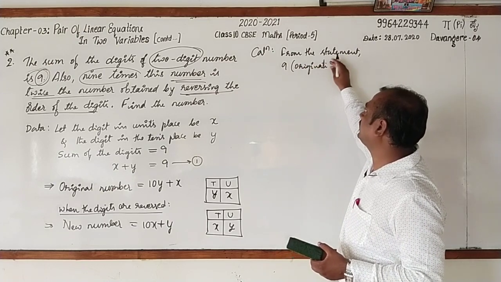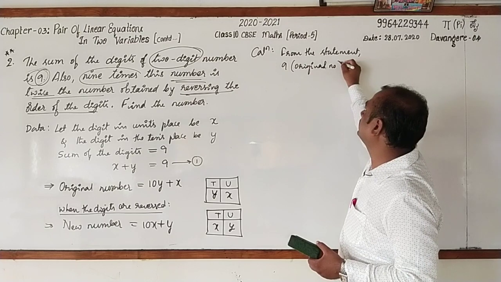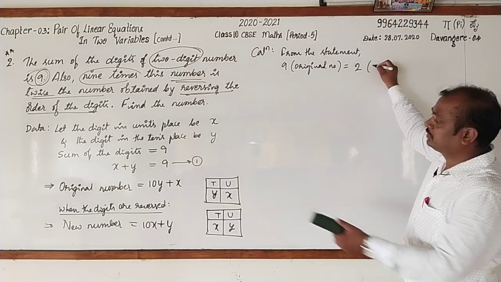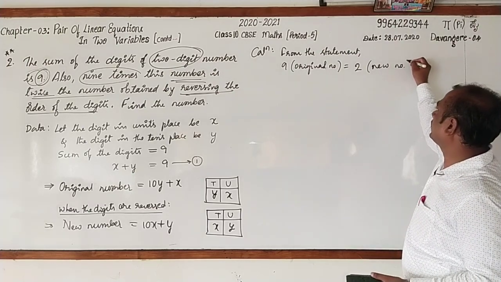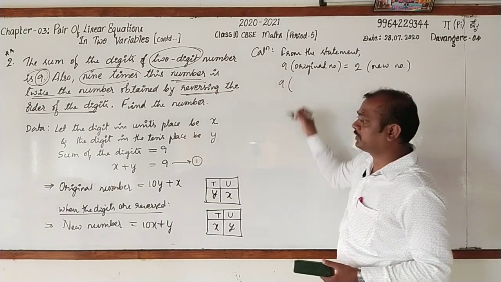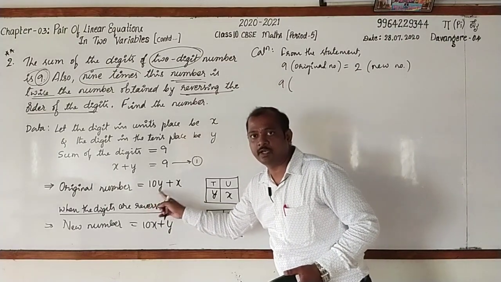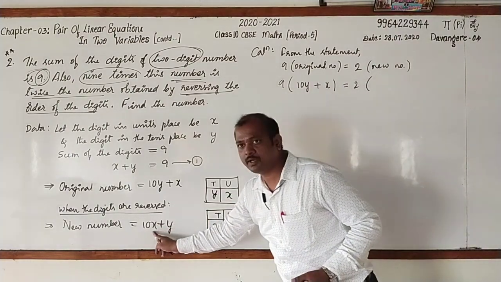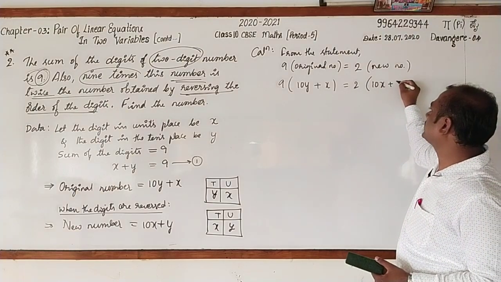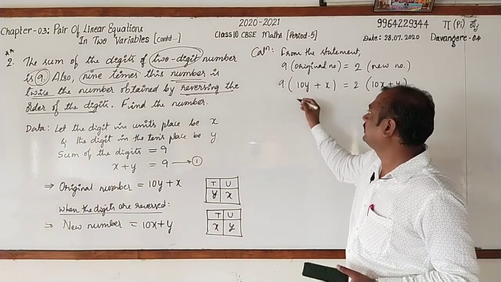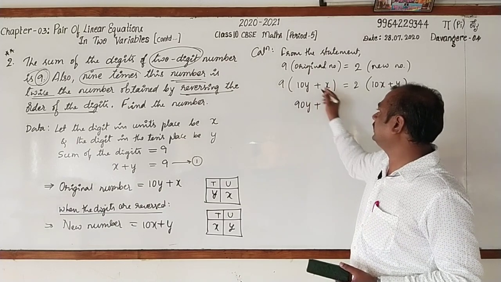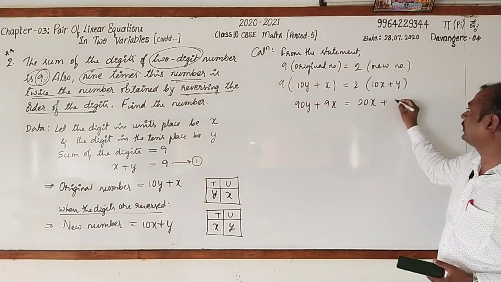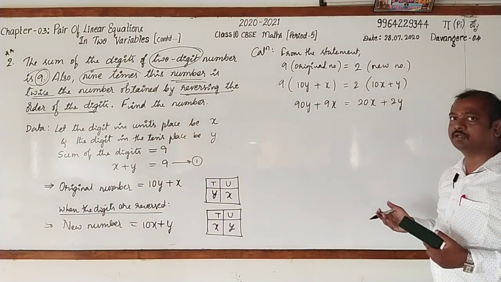Only for the sake of understanding, I am writing it. 9 into the original number, which is 10y plus x, equal to 2 into the new number, which is 10x plus y. Multiply. 9 tens are 90y. 9 into x, 9x. Then 2 into 10x, 20x. 2 into y, 2y. Hope that you have understood.